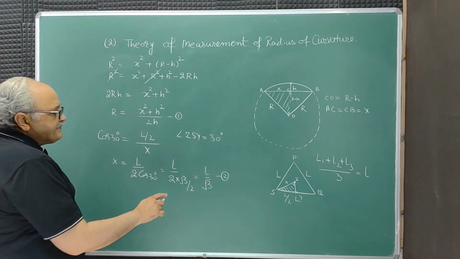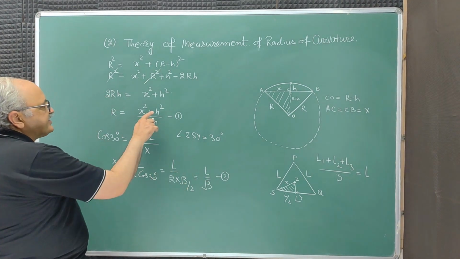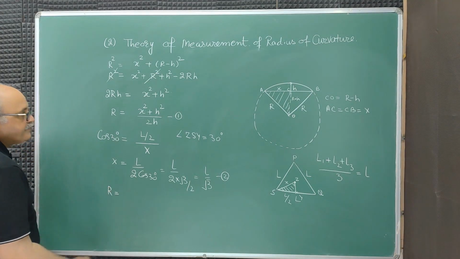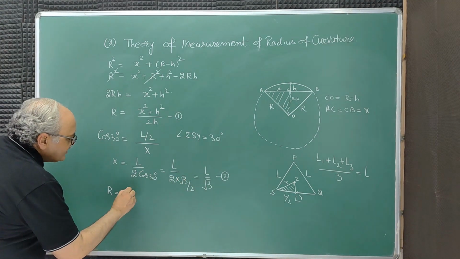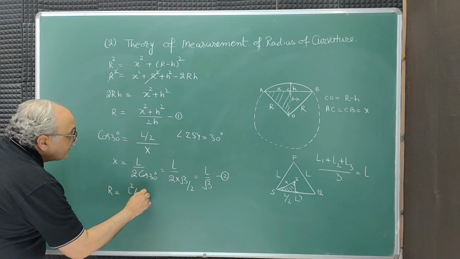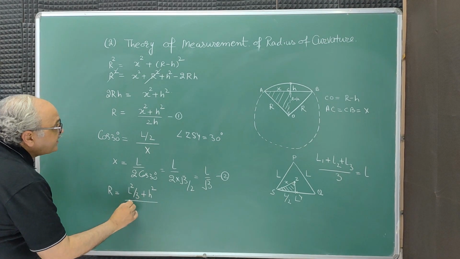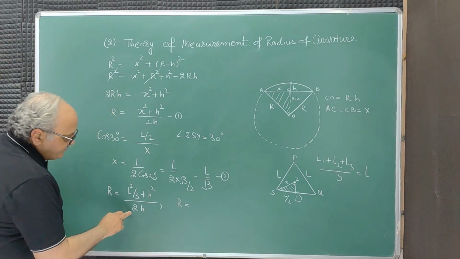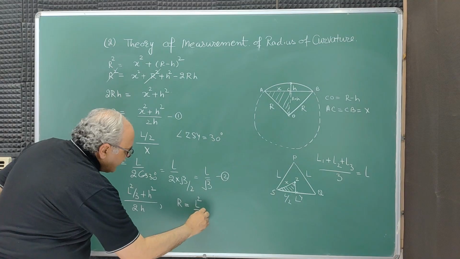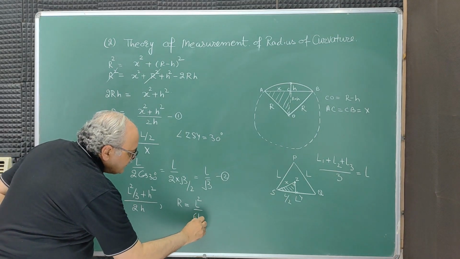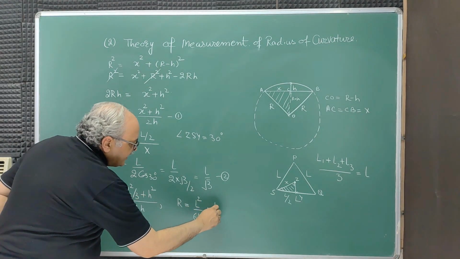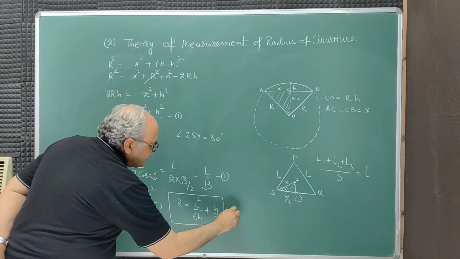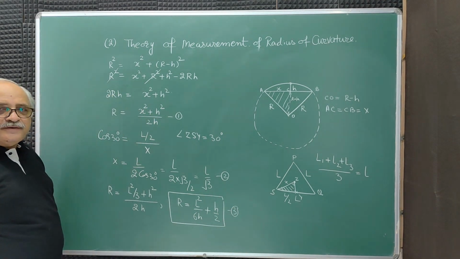Now I'll put the value of x in equation number 1 to find the expression for r. That is equal to x square, that is L square by 3, plus h square, divided by twice of h, which gives me r is equal to, if I simplify it, L square by 6h plus h by 2. So this is my expression to find out the radius of curvature.